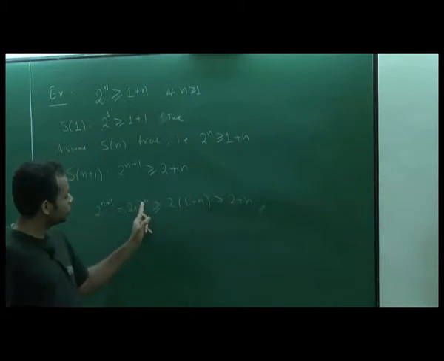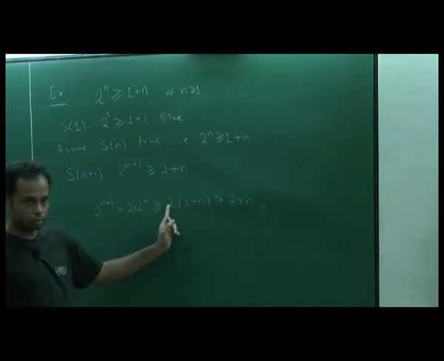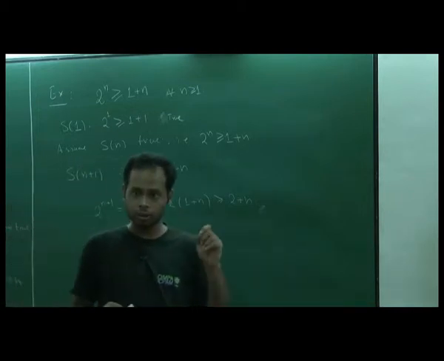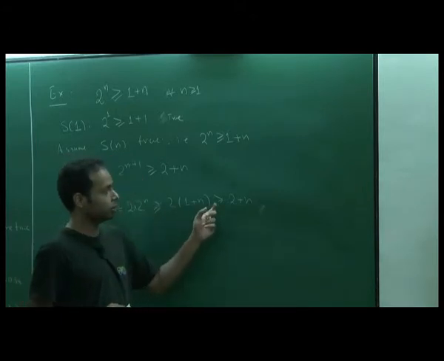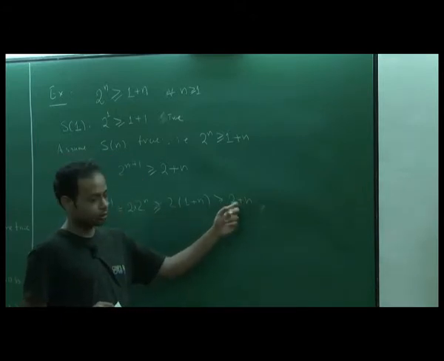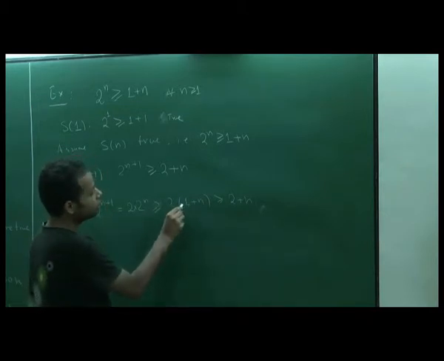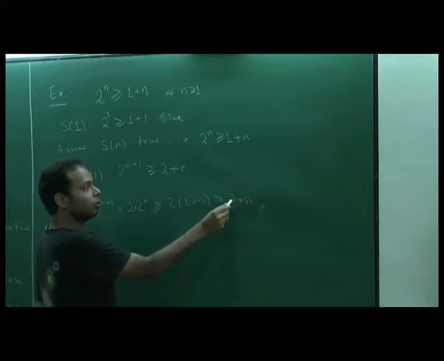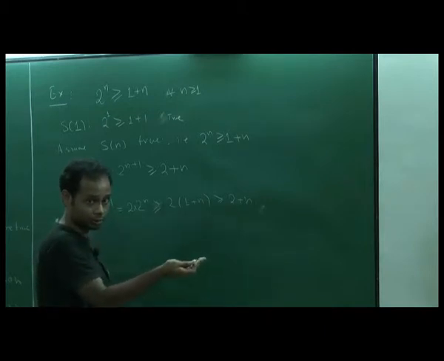So we are multiplying by 2 on both sides, because multiplication by a positive number doesn't change the inequality. So 2 times 1 plus n is 2 plus 2n, and 2 plus 2n is greater or equal to 2 plus n, because the difference is n, which is a positive number, right?